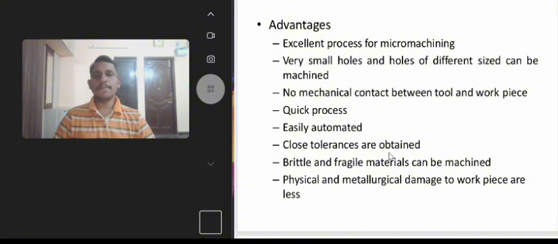The physical and metallurgical damage to the workpiece is very less. This process can be easily automated. Extremely close tolerances are obtained. Brittle and fragile materials can be machined.